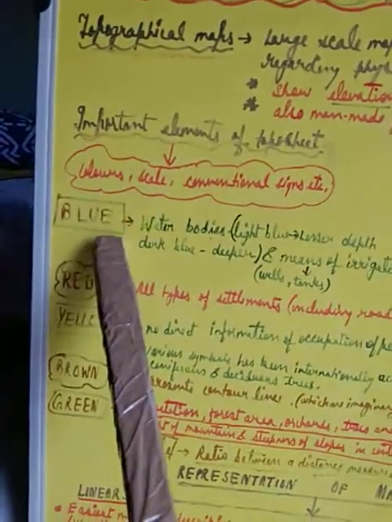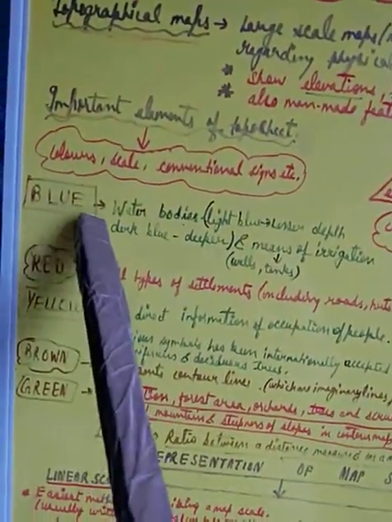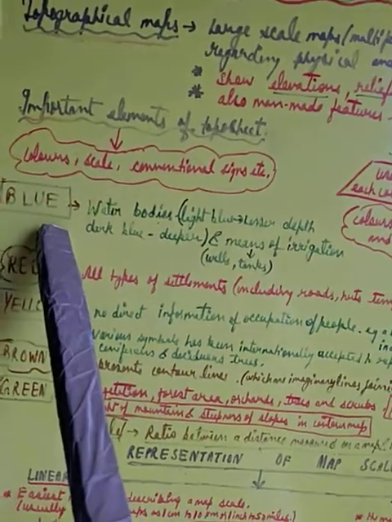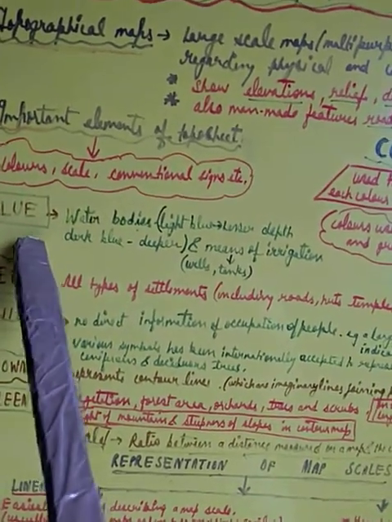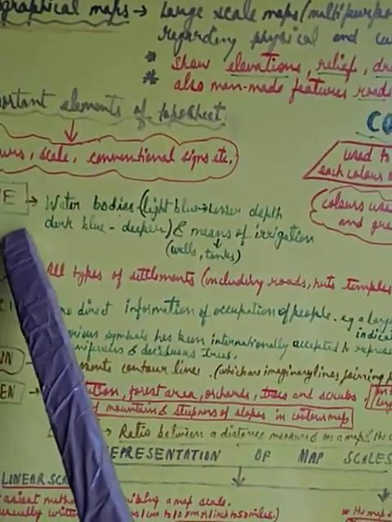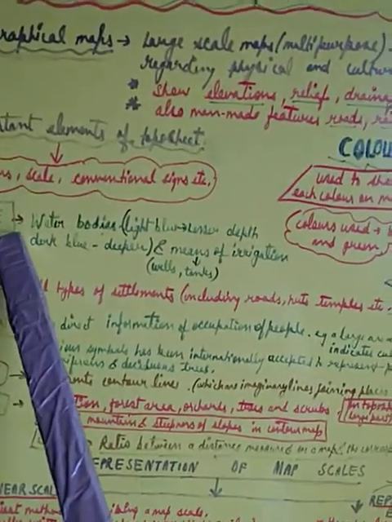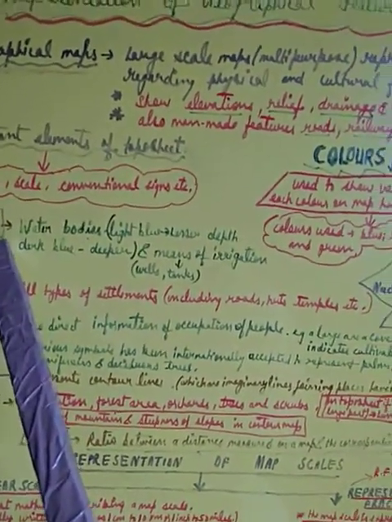Blue, as you have already seen in the maps, when we were doing maps in class 6 also, I told you that whatever part is shown in blue color on your world map or Asia map, that is the water bodies.